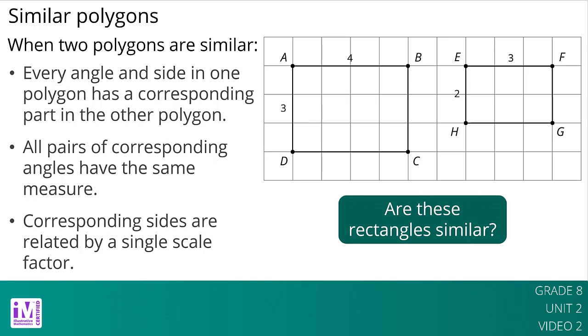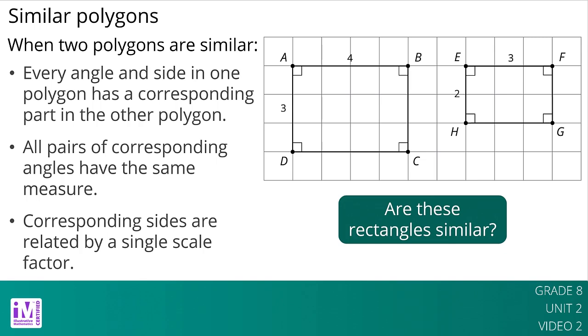It looks like rectangles ABCD and EFGH could be similar if you match the long edges and match the short edges. All the corresponding angles are congruent because they are all right angles. Calculating the scale factor between the sides is where we see that corresponding angles and "looks like" isn't enough to make them similar.